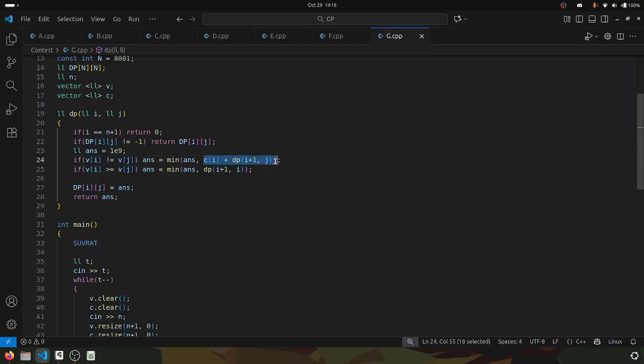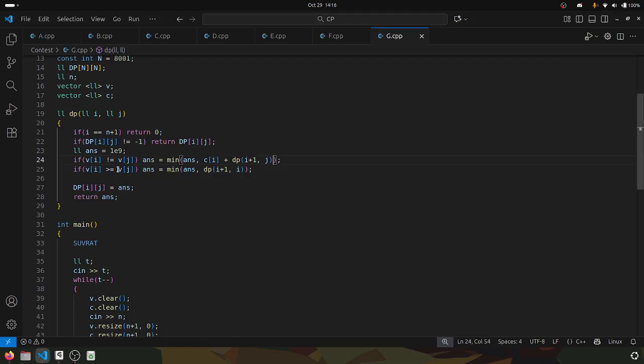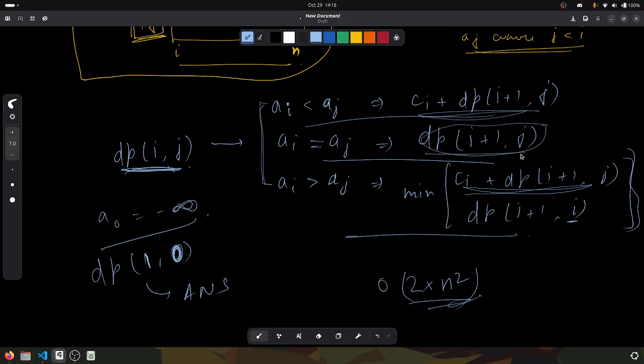Then this other transition is common to the case where it is greater than or equal to. So when vi is greater than or equal to vj, the answer will be the minimum of answer and dp i plus 1 comma i. Basically i plus 1 comma i and i plus 1 comma j are the same. I could have written i plus 1 comma i here also, because ai is equal to aj, so it does not matter.